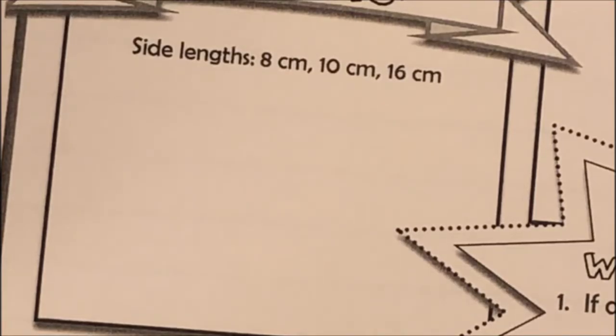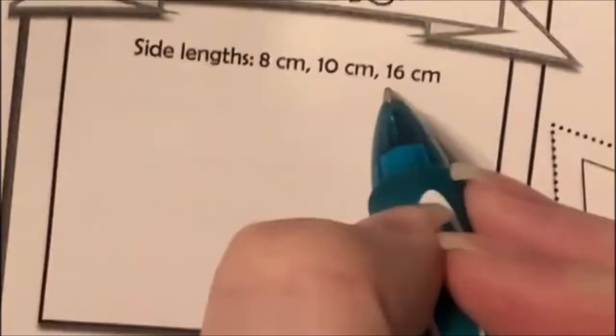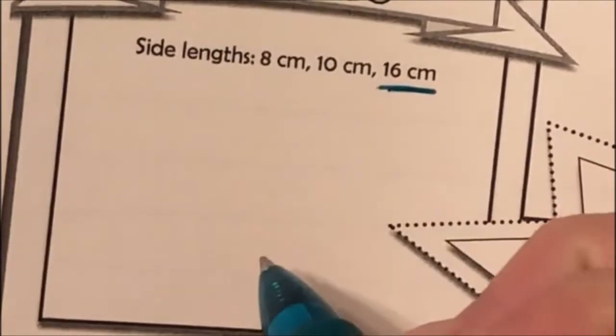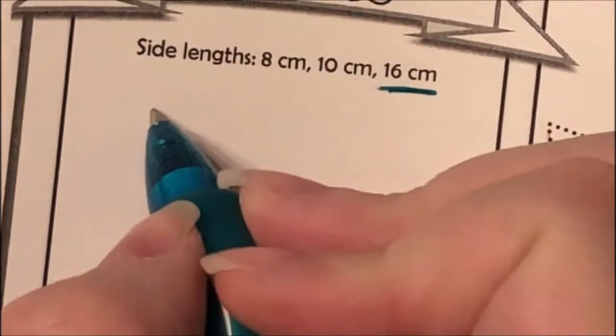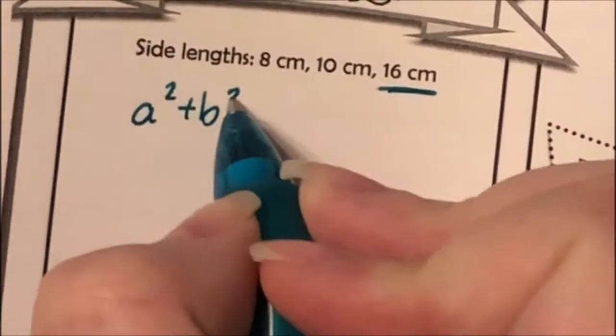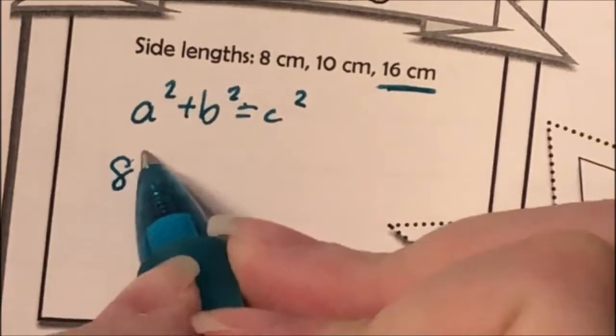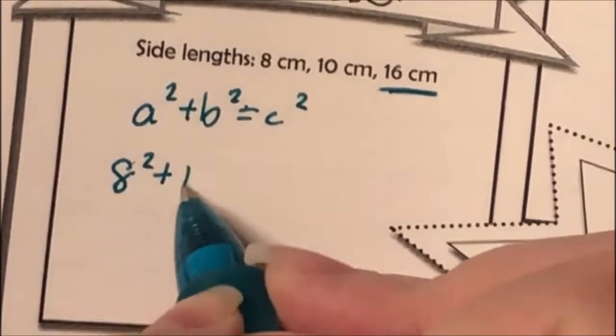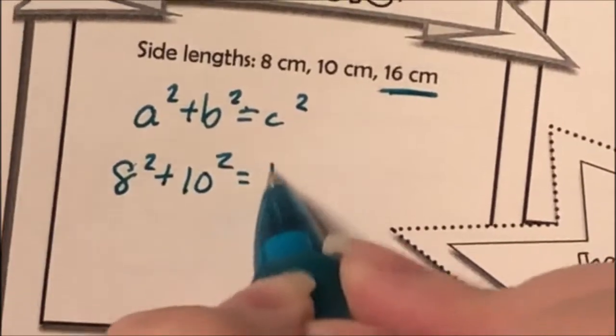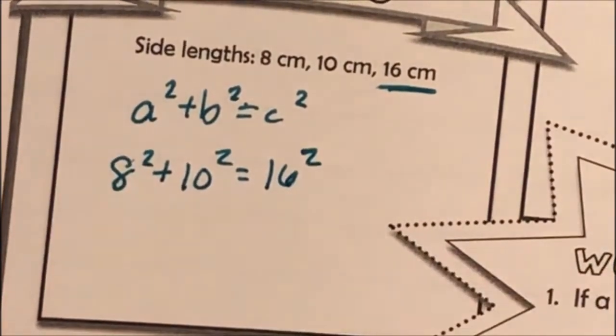You can remember that the hypotenuse is always the longest side, which means 16 has to be my hypotenuse. So my formula, a squared plus b squared equals c squared. I'm going to plug in 8 for a, 10 for b, and 16 for c.